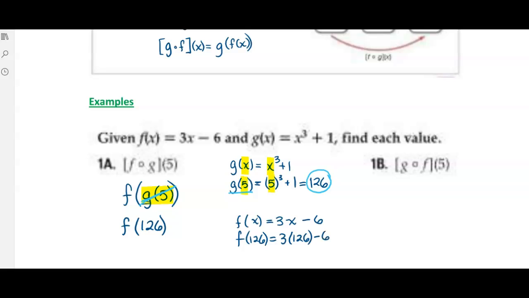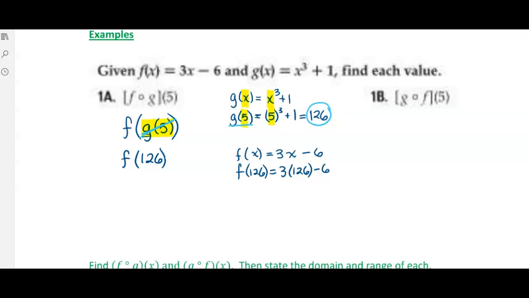So it's just like another substitution. Using our calculator, 3 times 126 gives me 378 minus 6 is 372. Therefore, f of g of 5 is 372. Final answer.